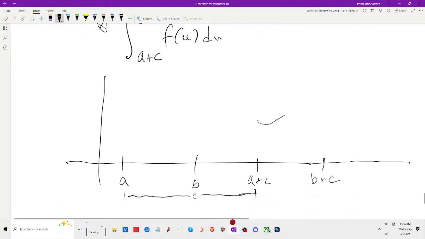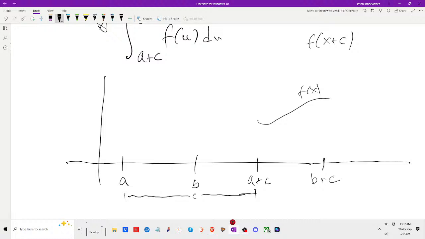So here's your f of x. And what happens when you do f of x plus c? Well, if you assume c is positive, which we have in this case, the way I've drawn it, that's going to move it to the left.